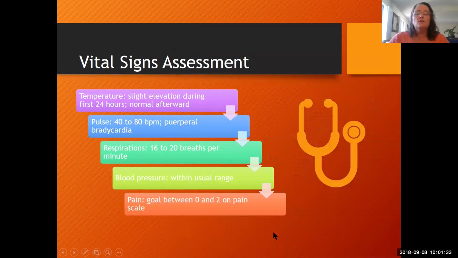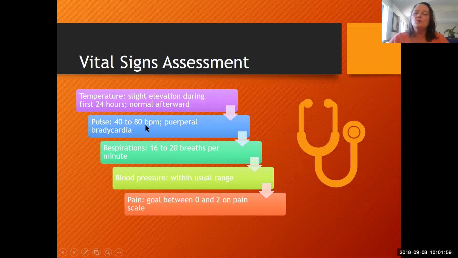So the assessments that we're doing are temperature, pulse, respirations, blood pressure. We want them to be within normal range, and her pain goal. We'd like her to start getting that pain goal back under control. For temperature, there might be a slight elevation, but anything over 100.4 is considered a fever and needs to be investigated further.